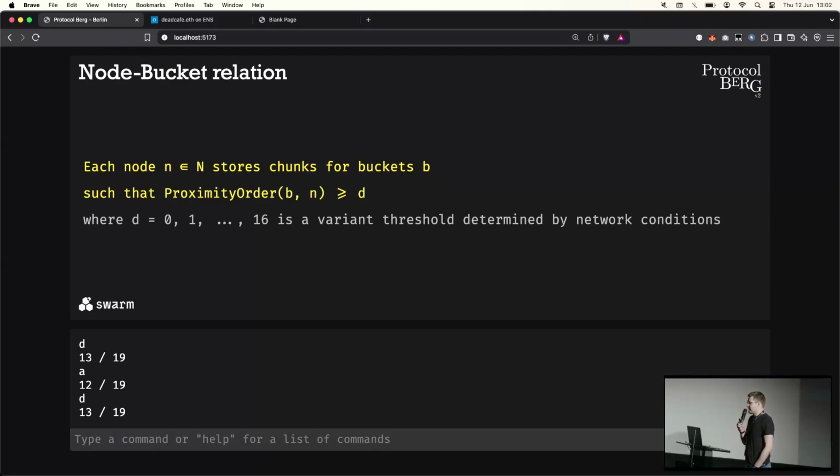Okay, so we can go back to the rule with the storer node and the neighborhoods, and we can rephrase it in a way saying that every node stores chunks for some buckets where the proximity order is greater than or equals the network depth. This is the same network depth that we used for the network visualization.